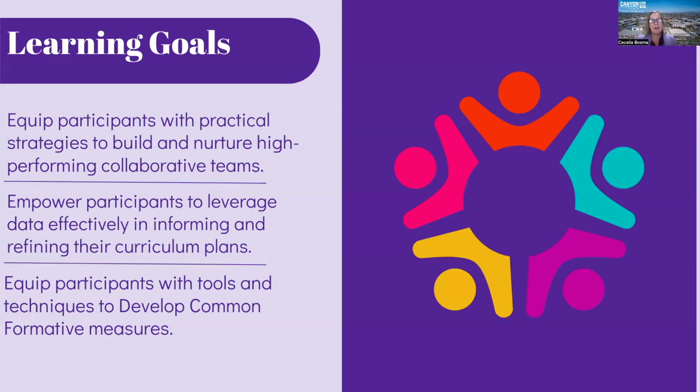So let's take a look back at our learning goals, thinking about those takeaways. We hopefully have some ideas about what it's going to take to build a high-performing collaborative team. Then thinking about how data is going to drive the effectiveness of your team and working to refine curriculum plans.